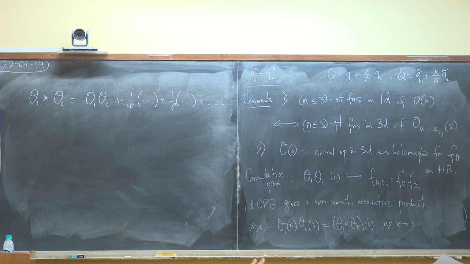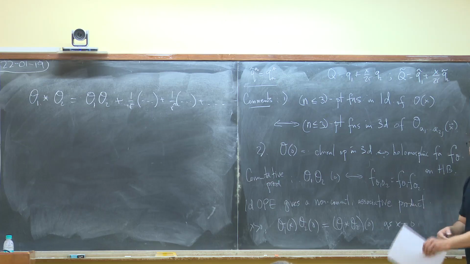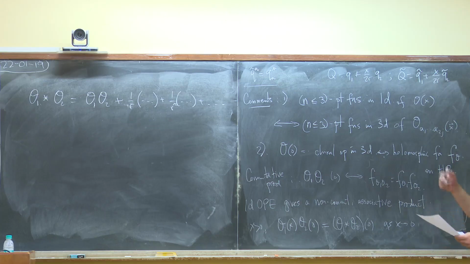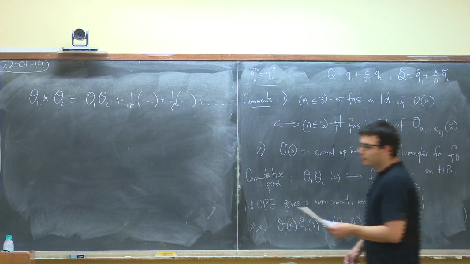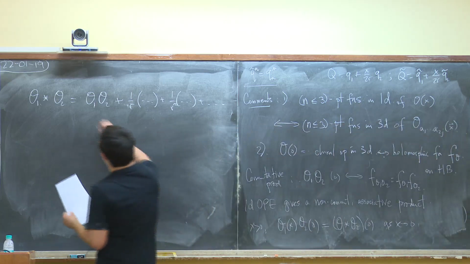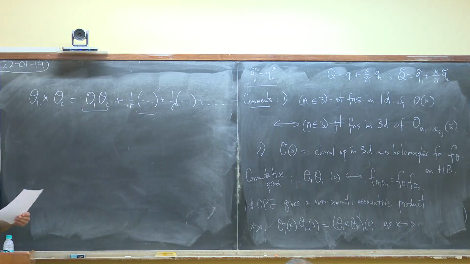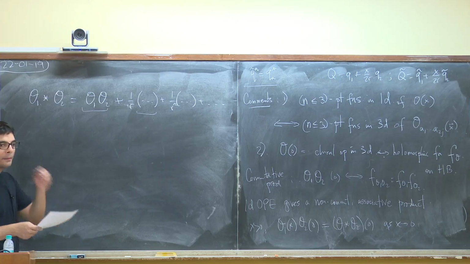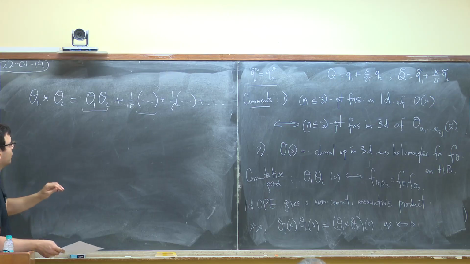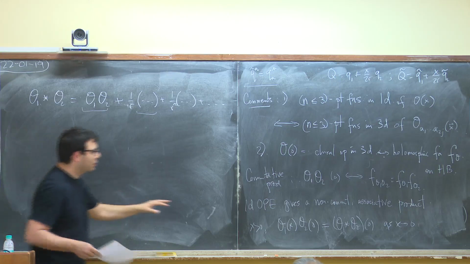So in more abstract language, this 1D OPE gives a quantization of the ring of holomorphic functions on the Higgs branch or on the Coulomb branch, depending on which one we're looking at. The 1 over r term is a Poisson bracket of the two functions. Why does the star product have an expansion in terms of 1 over r? Well, because the OPE has an expansion in terms of 1 over r.